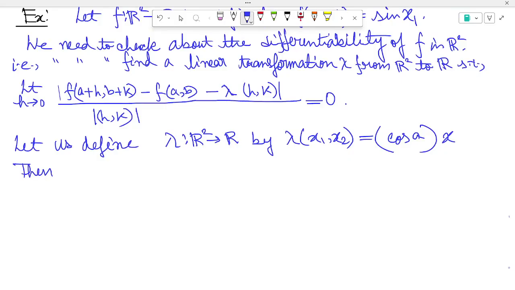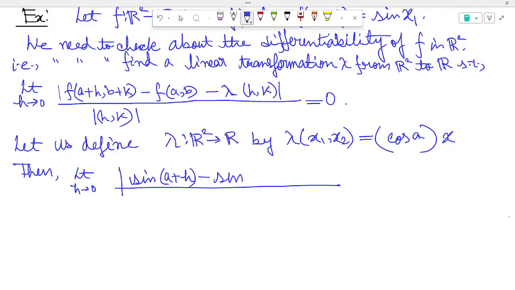Then limit h tends to 0 of f. What is a plus h, b plus k? I am putting the value here now. Now f is sine on the first component, so it will be sine of a plus h. And what is f of a comma b? It is sine a. And what is this thing I have defined here? Lambda of x1, x2 is this.